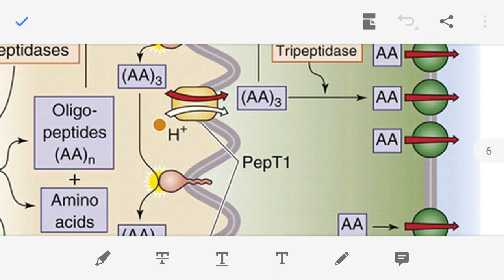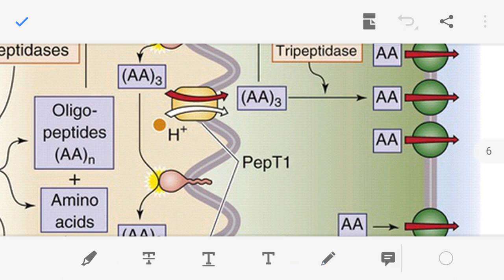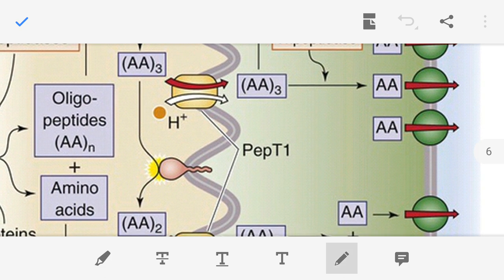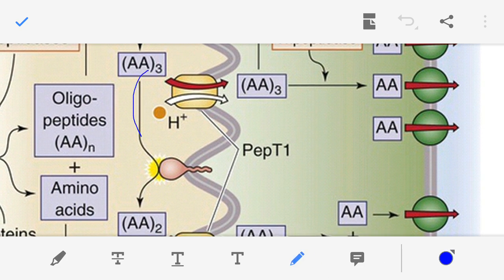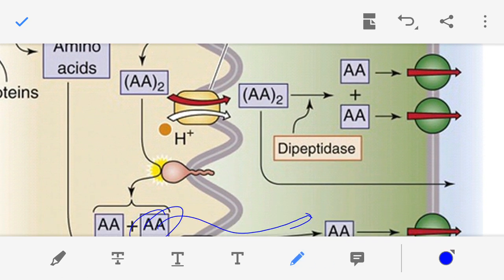With this red arrow, the tripeptide is entering the cytoplasm, or it moves forward and is acted on by brush border peptidase. So AA3 is converted into AA2 plus AA. AA2 means a dipeptide is formed, plus an amino acid. Now AA can enter into the cytoplasm.